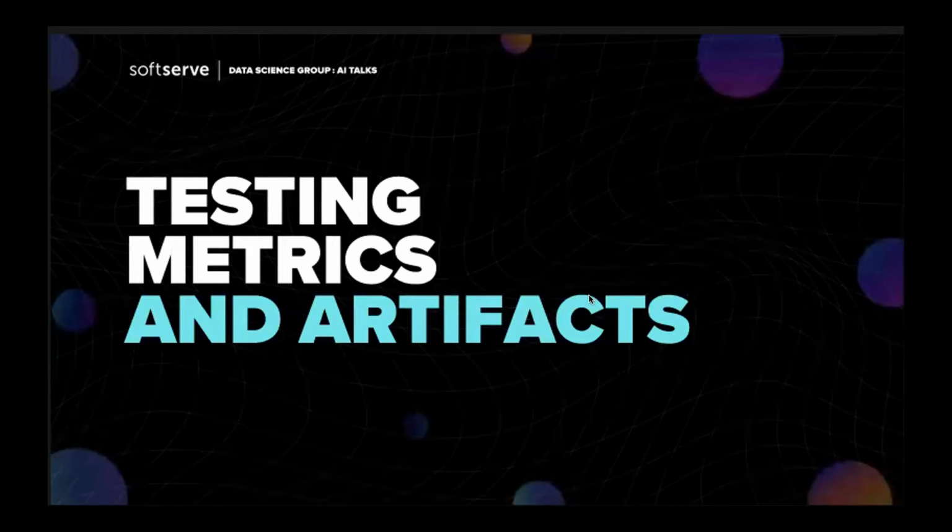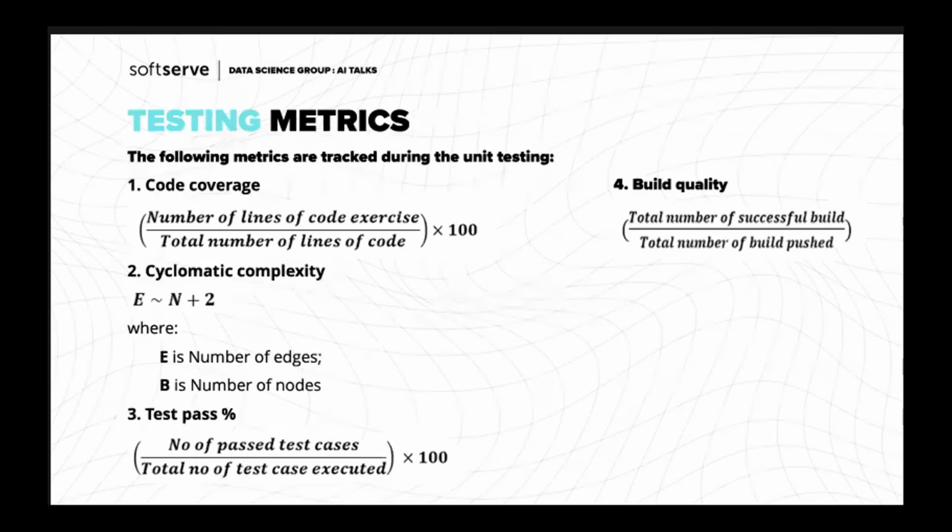The next part is testing artifacts and metrics, which are usually used in projects. This is a list of testing metrics which are possible to use in real projects. The first one is code coverage, the most useful metric. We also used it in the projects where I participated.